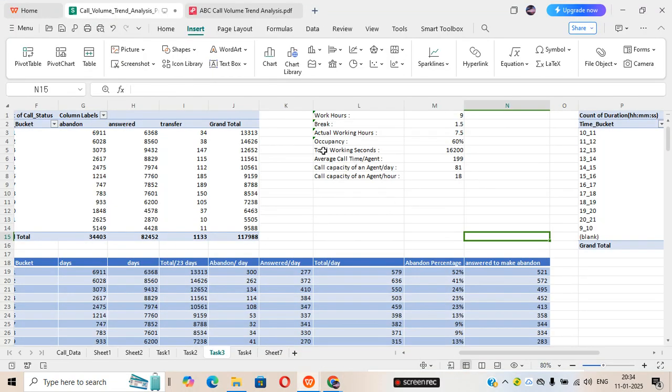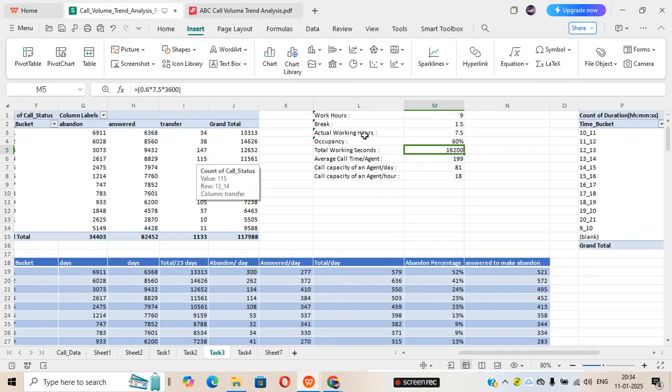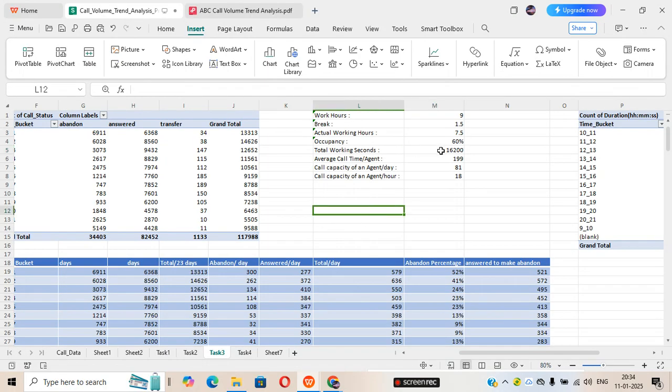After that, the total working seconds. I have calculated this by multiplying 0.6 into the actual working hours into 3600. I got this as the total working seconds.